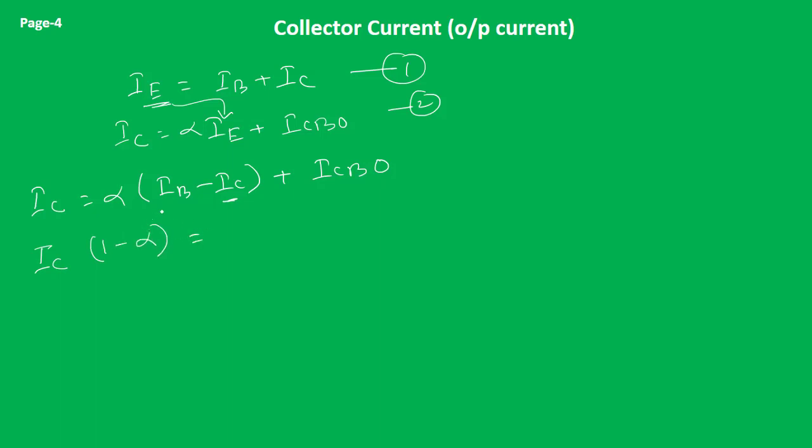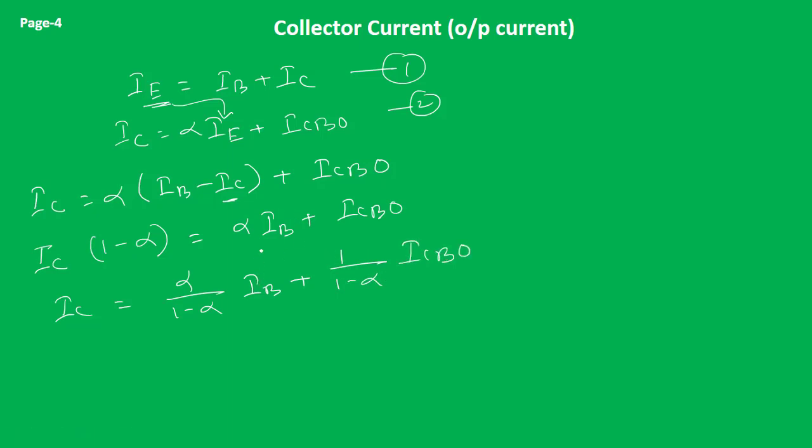One step I have jumped here, just try to do this; in the previous CB configuration we also did this relation. So we can write it as alpha IB plus ICBO, so IC is equal to alpha by 1 minus alpha into IB plus 1 by 1 minus alpha ICBO.